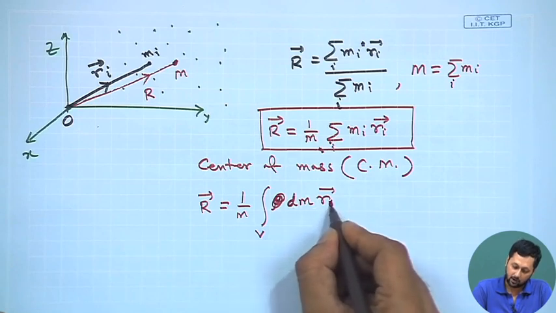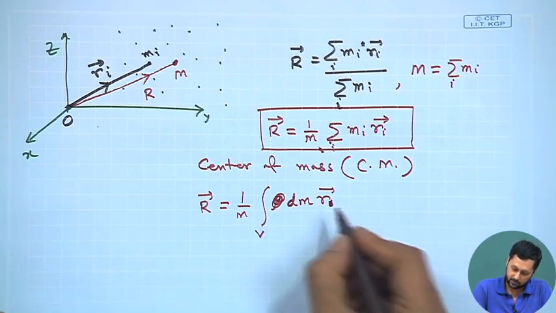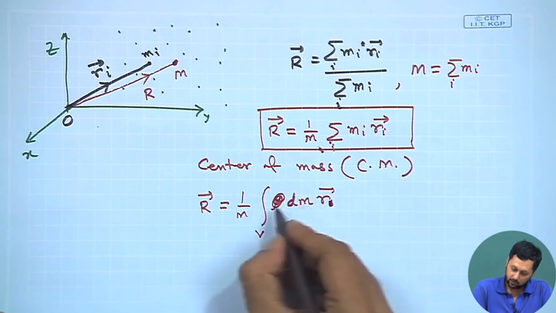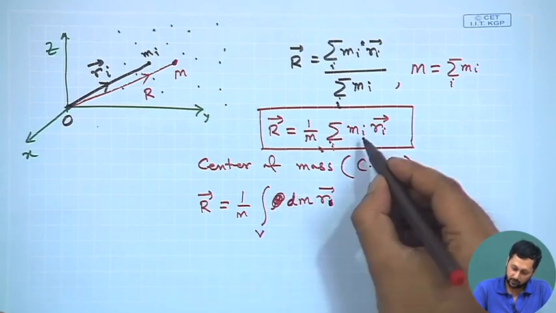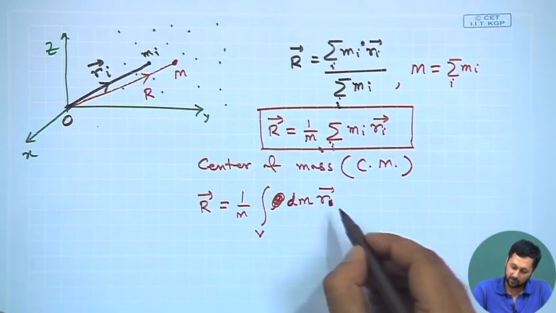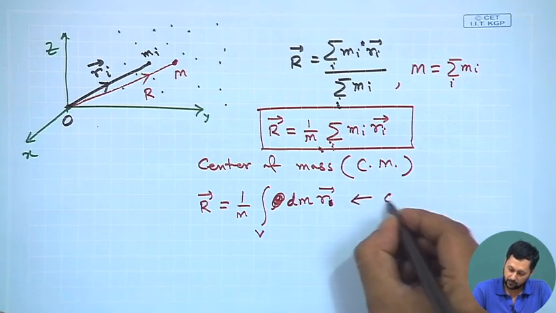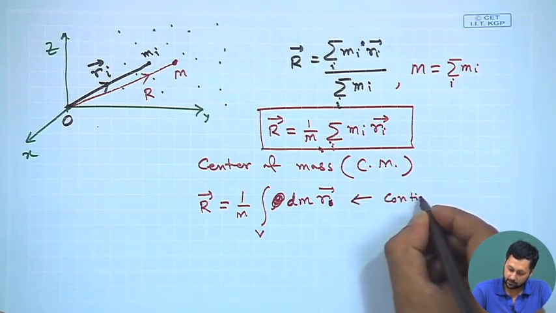There is no i anymore. So, this is the same relation written in an integration format, and this is valid for a continuous system.